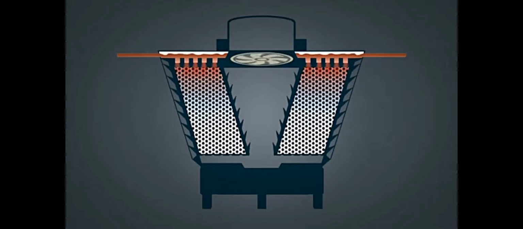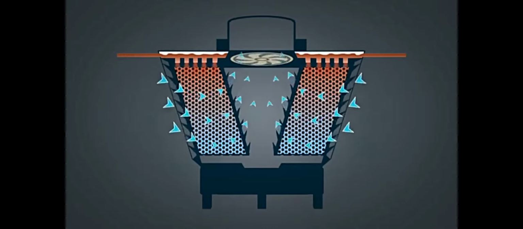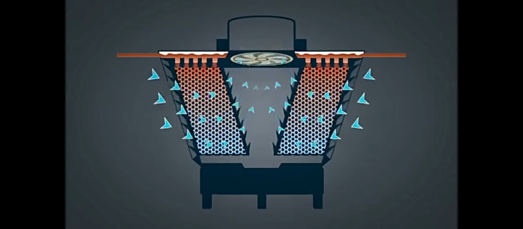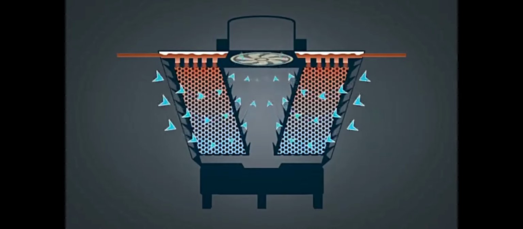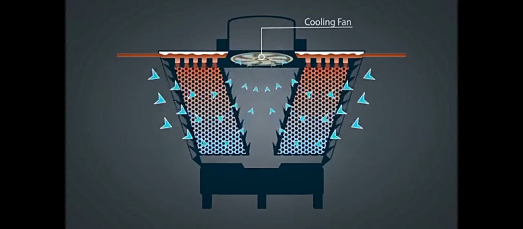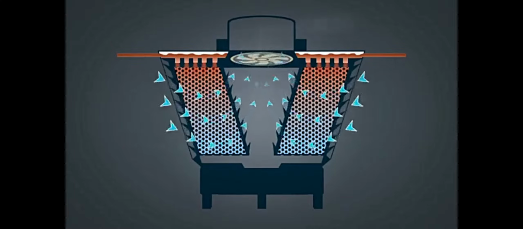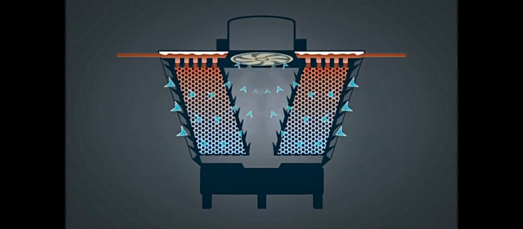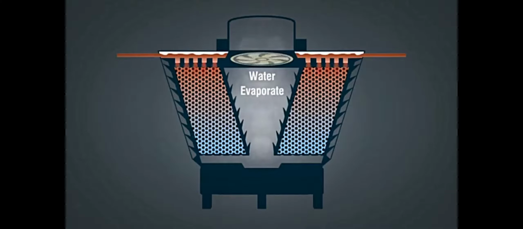When the fan is switched on, it sucks in the ambient air and passes it over the film media. During that time, the water is cooled and the air is heated due to the temperature difference. At the same time, mass is transferred from the higher concentration side of water to the lower concentration side of air. So the air gets water, and due to the higher temperature it gets evaporated and passed to the ambient.